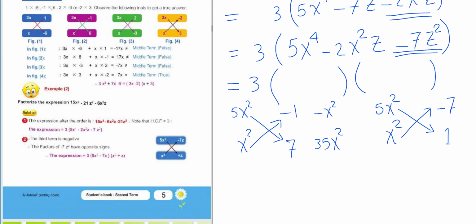So the factorization becomes (5x² − 7z), because the third term is 7z². And the other bracket is x² + z. So the factorization becomes 3(5x² − 7z)(x² + z).